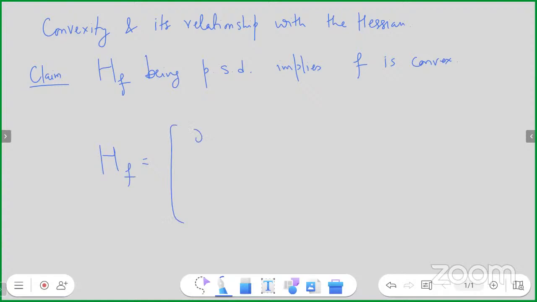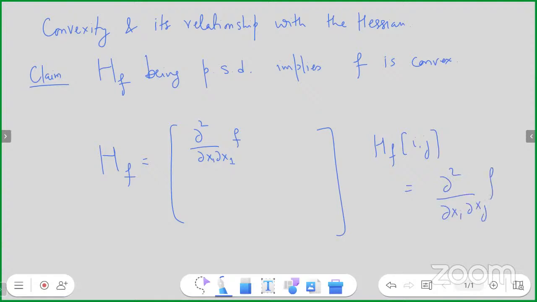So this is nothing but, you can do this twice now. X1, F, and so on. So let me just define the ijth element of this, which is nothing but d square f by dou x_i dou x_j. Okay. So this we showed.